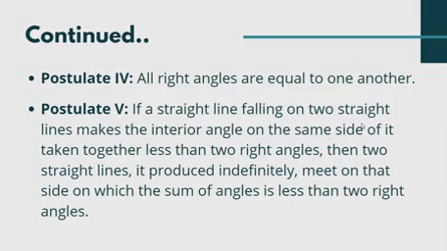Postulate 4: all right angles are equal to one another. It means all right angles are congruent or equal to one another. Postulate 5: it says two lines are parallel to each other if they intersect a third line and the interior angles between them sum to 180 degrees.